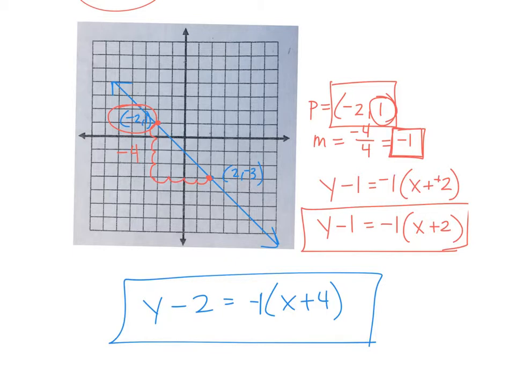Where was the 1 negative? You know how it's negative 1? That's the slope, right? That was here. This one is a positive 1. That's the one that's going here. Is that what you were looking at? Okay. How are we doing so far? Questions?